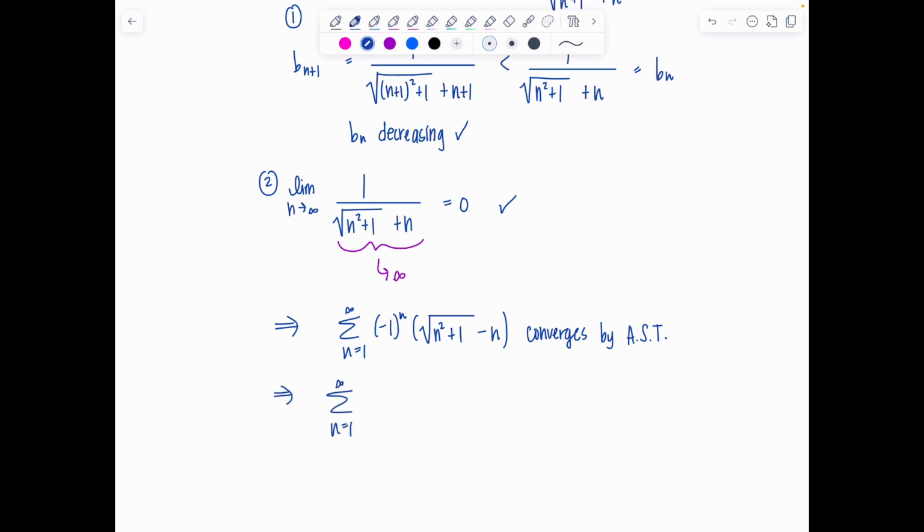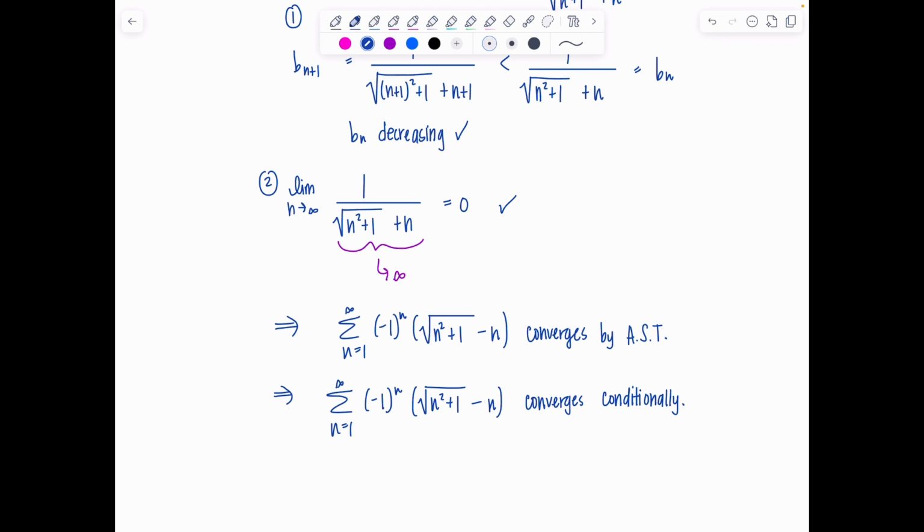Well, the sum n equals 1 to infinity, negative 1 to the n, rad n squared plus 1 minus n, converges conditionally. Okay. These are a lot of work. I don't put more than one or two absolute or conditional convergence questions on the test where they have to do the full thing out.